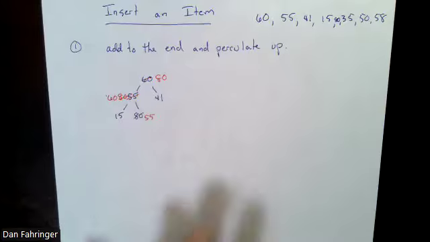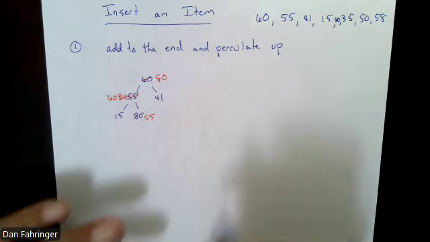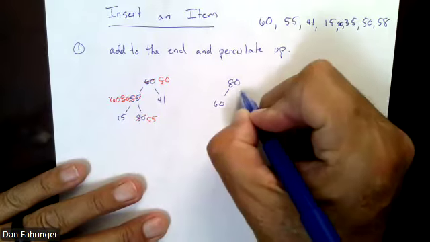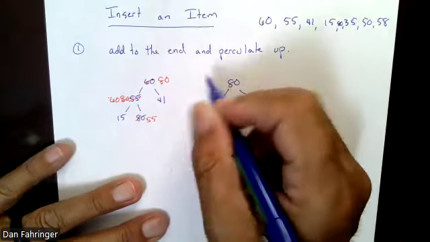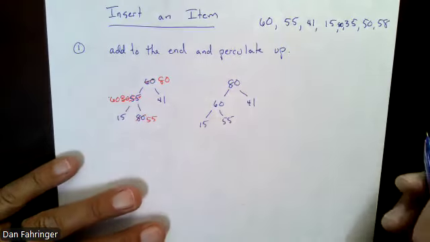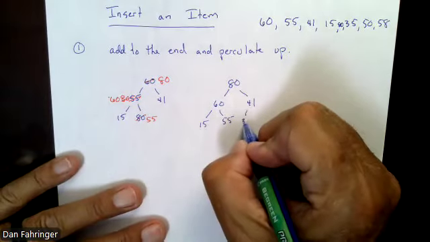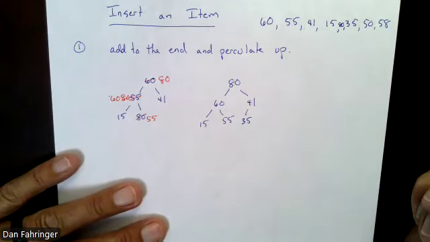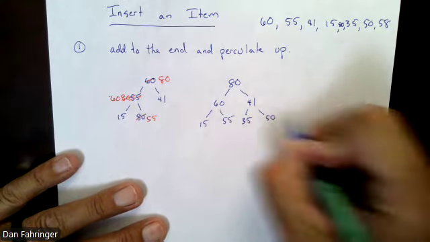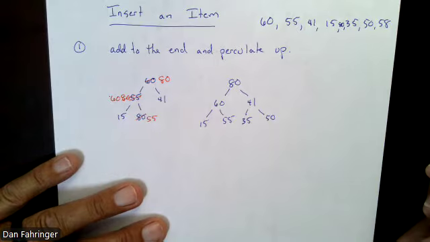Okay. It's not too bad. I need a clean one. Here's 80. Here's 60, 41, 15, 55. Next number I'm adding is 35. Still a heap. Next number I'm adding is 50. Still a heap.